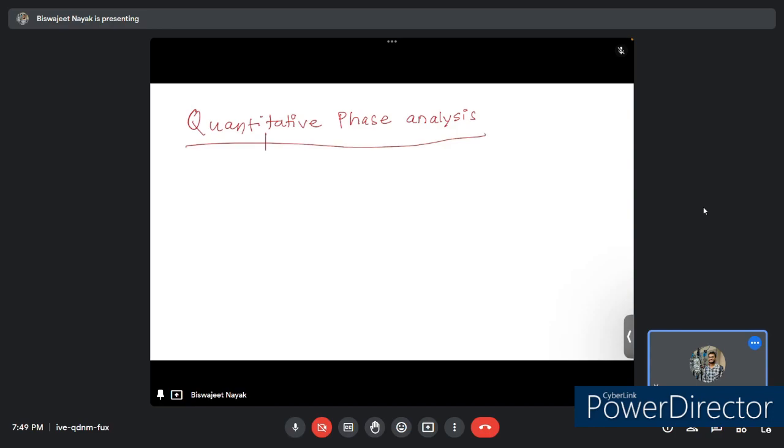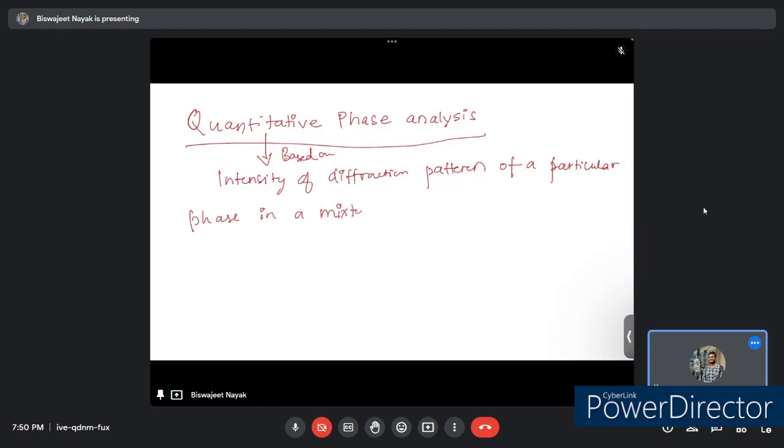Now moving on to the next topic, quantitative phase analysis. The basic principle of multi-phase quantitative analysis is that the intensity of the diffraction pattern of a particular phase in a mixture of phases depends on the concentration of that phase in the mixture.